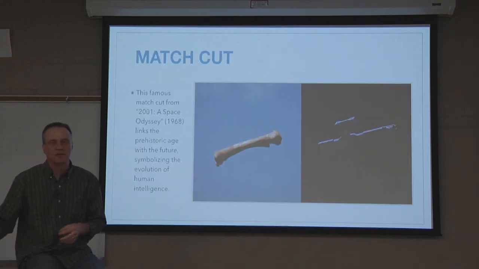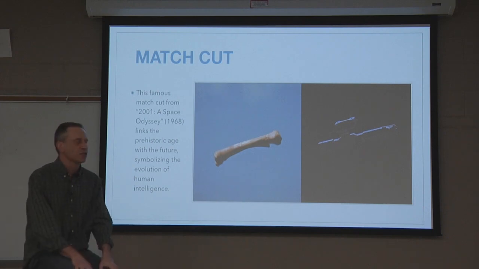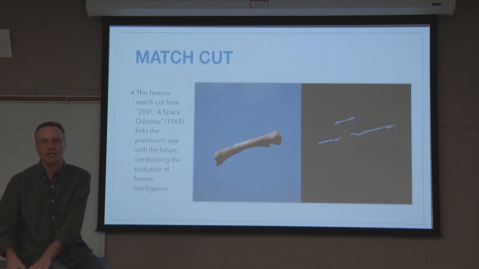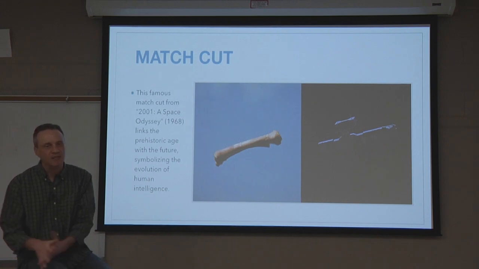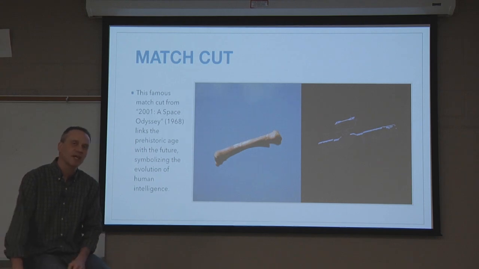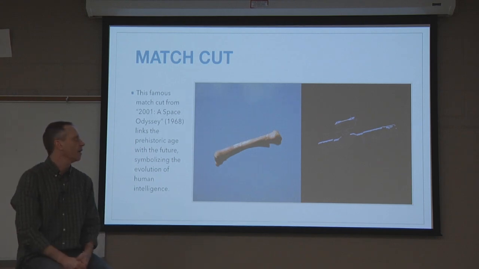This is one of the most famous match cuts, from the film 2001: A Space Odyssey, where we have the whole opening caveman sequence of the film, and the cavemen discover intelligence, they discover bones can be used as weapons. We see this shot of the caveman throwing the bone up in the air.